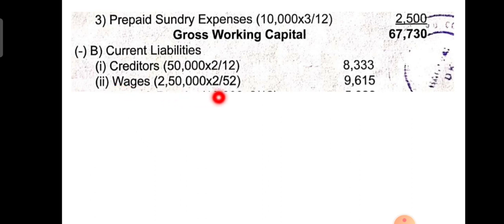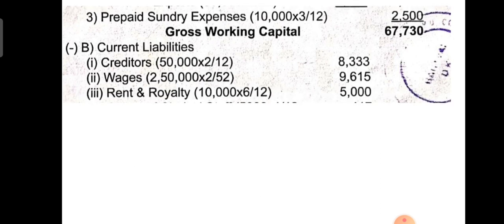Wages: credit period allowed is 2 weeks, so 2,50,000 into 2 by 52, which is 9,615. Then rent and royalty: total amount is 10,000 and the period allowed is 6 months, so 6 by 12, which is 5,000.